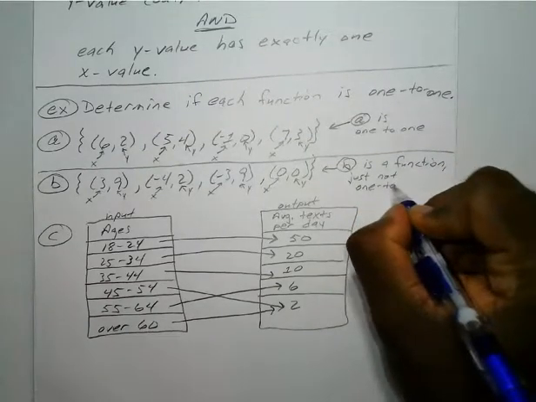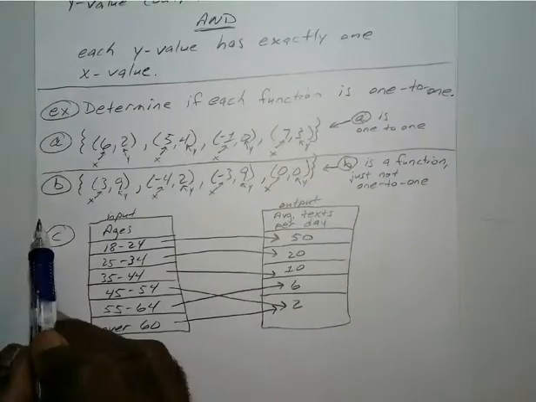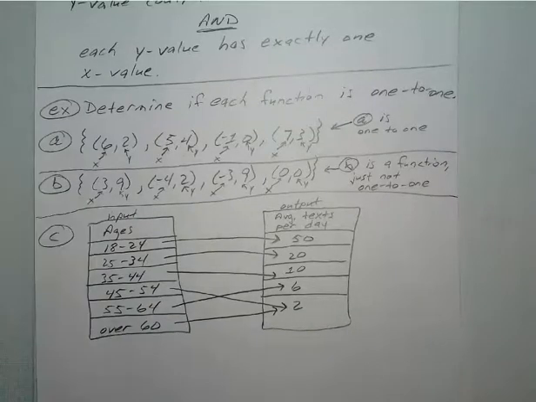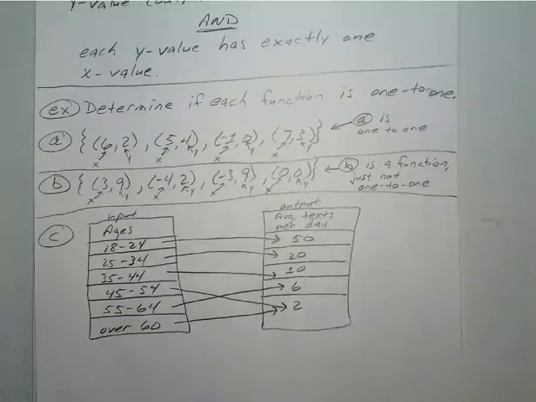All right. Okay, hopefully those two kind of made sense. So this one is a one-to-one function. B is not a one-to-one function.